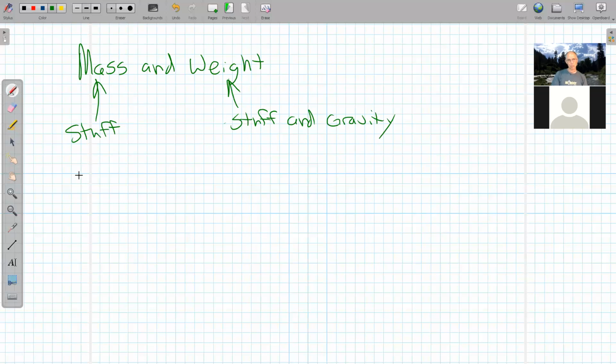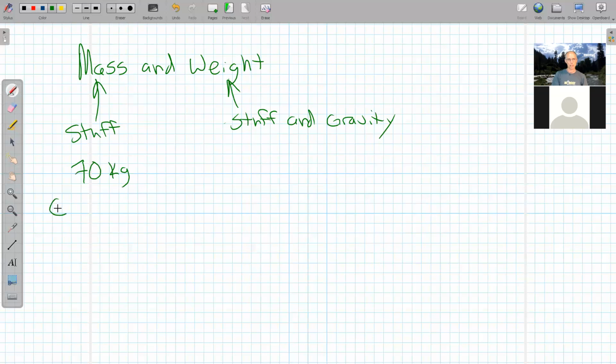So for example, my mass is, oh gosh, I haven't weighed myself lately. I'm going to have to make a guess at this. That sounds about right. So I am about 70 kilograms of mass.